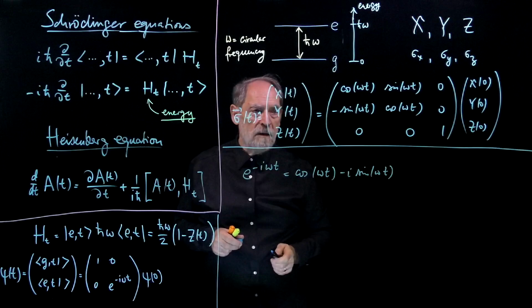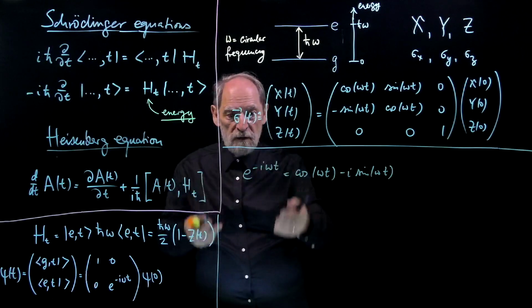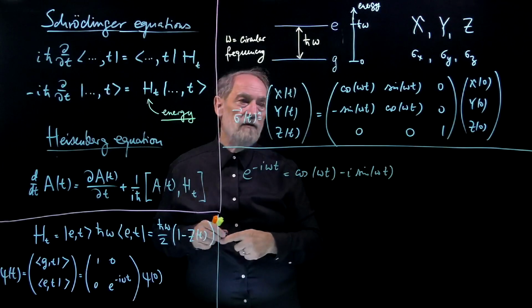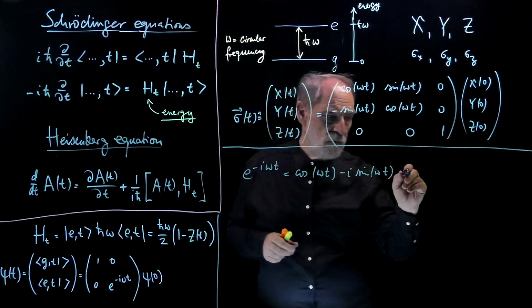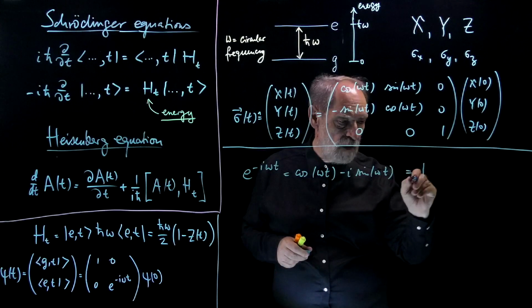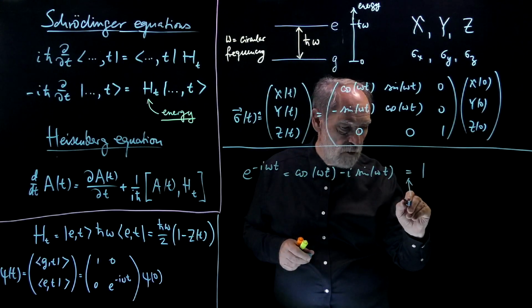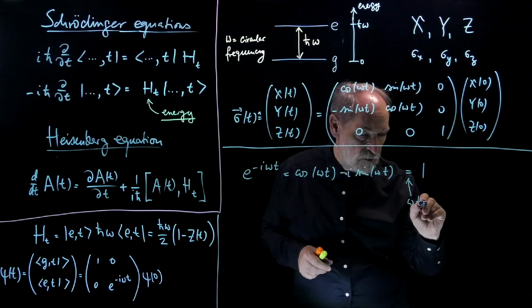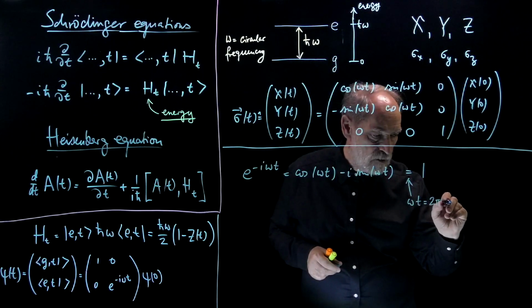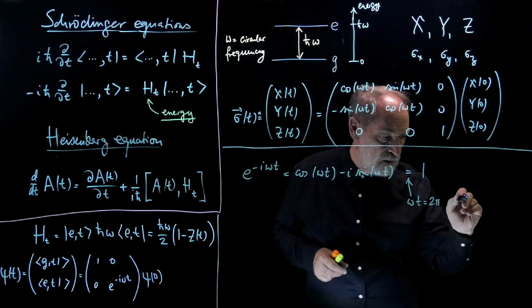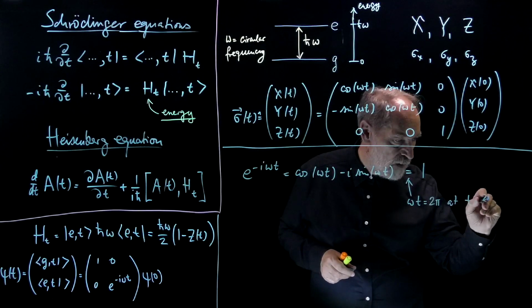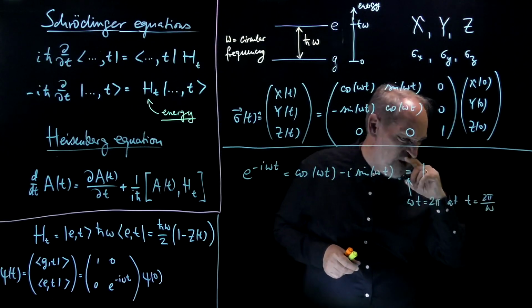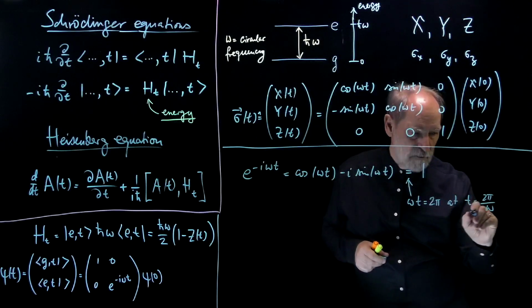Now, how long does it take for the system to go back to where it started? Well, you just need that e to the i omega t is equal to 1, and that happens when omega t is equal to 2 pi, and that happens at time t equals 2 pi divided by omega, and there you have it.